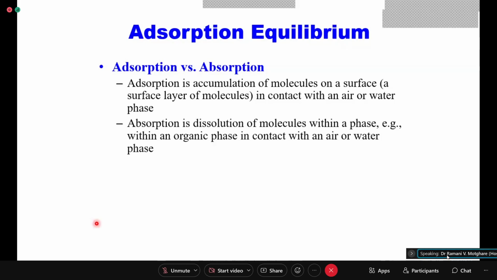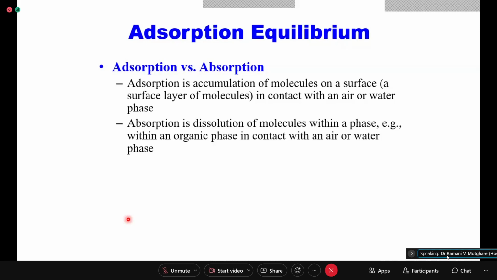So the concentration on the surface is more than the bulk of the gas or bulk of the liquid. Then you call that the substance is getting adsorbed on the other substance or other material. Okay. Whereas absorption is a bulk phenomenon where the molecules tend to penetrate in or move in.